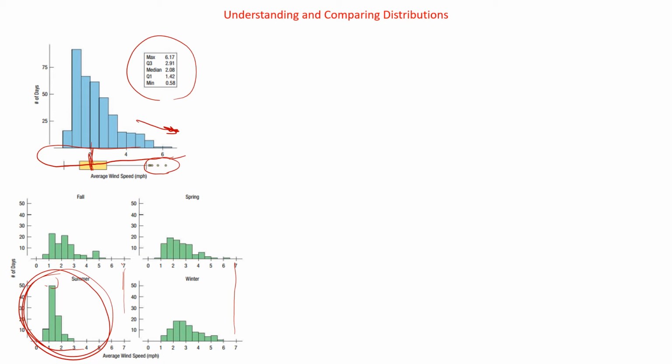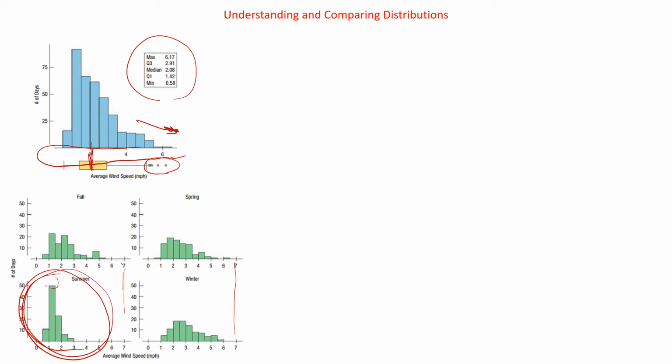We could look at box and whisker plots below, just like we did for the top one. We didn't in this case, but we could. And so that's one way that we can compare things in the distribution and kind of understand what's happening. It's like fall, spring, and winter, it's all about the same. But summer, we have a lot of days with just a little bit of wind.